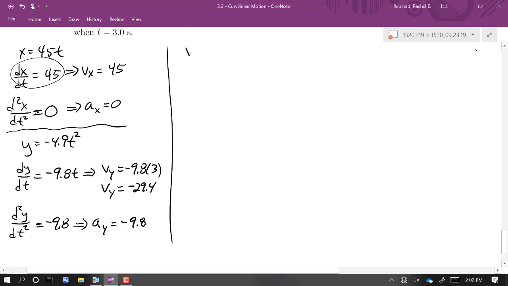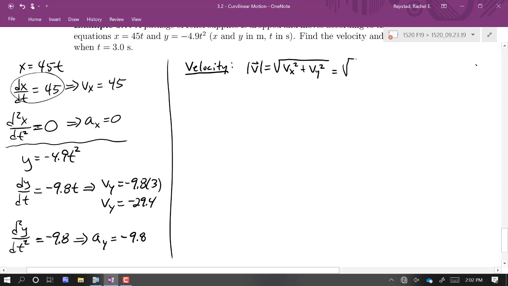So let's find our vectors. Maybe we'll find velocity first. So 45 squared plus negative 29.4 squared.